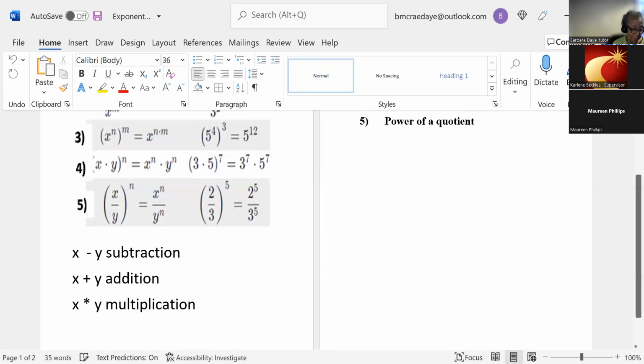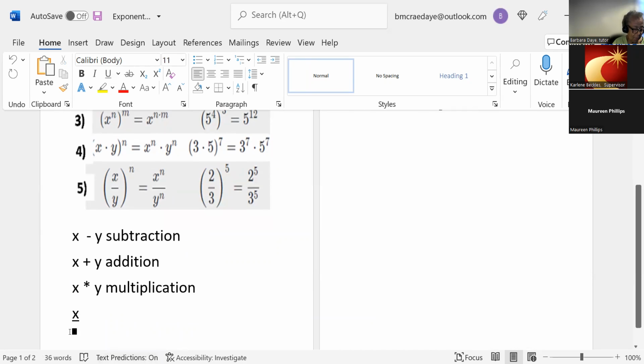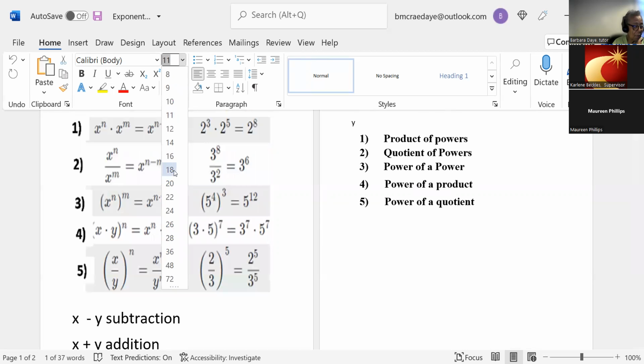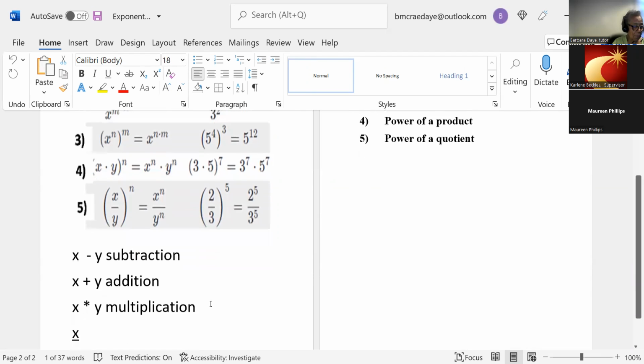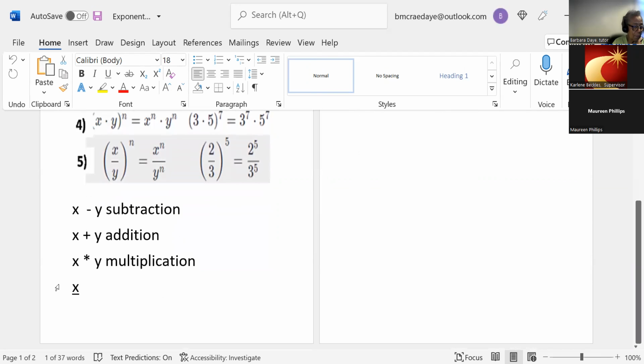All right, and the last one is division. So I can have X, and then I'll put this over Y. So let me put this X divided by Y. Let's go on over to the next screen.